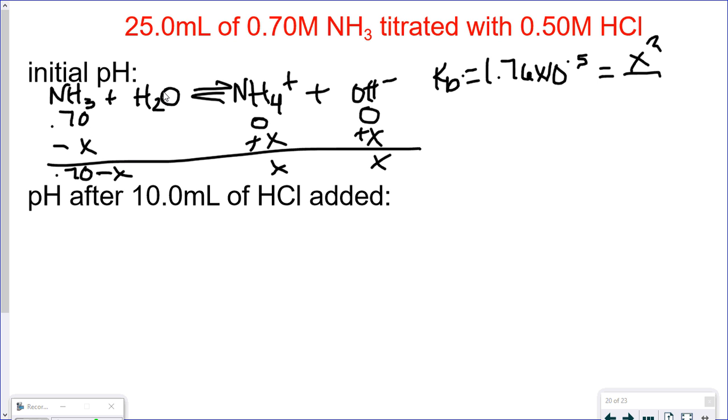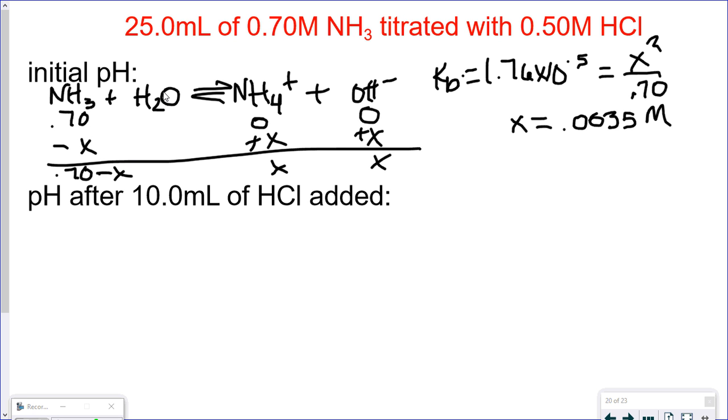And since the Kb and our concentration for ammonia are 3 spaces different, we can use the 0.70. X is going to be equal to 0.0035 molar, which is equal to our hydroxide.